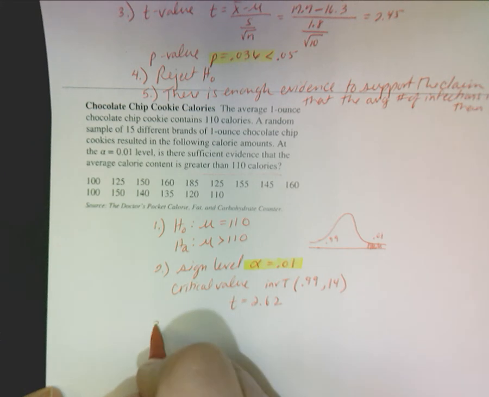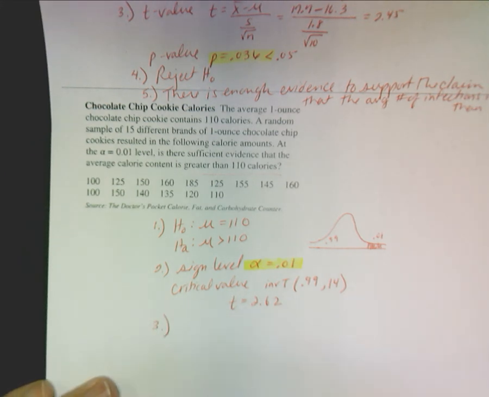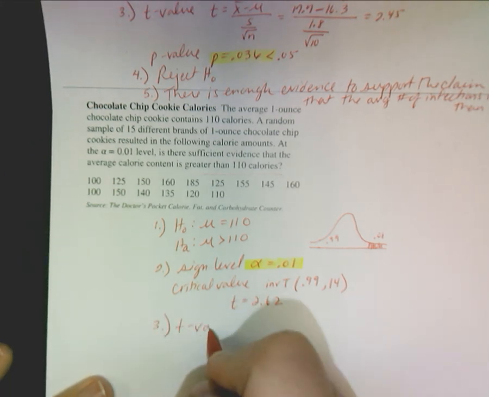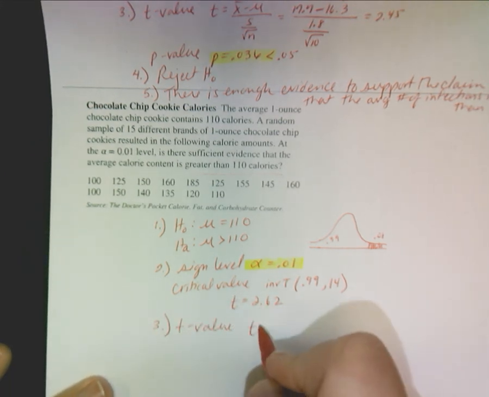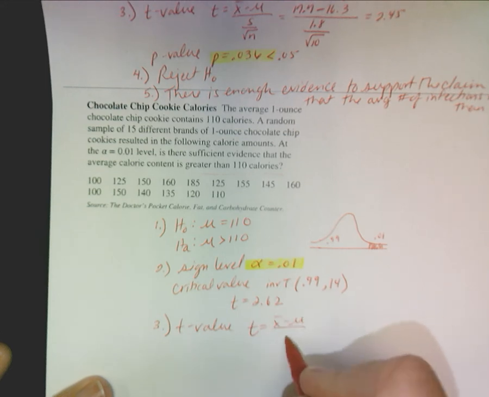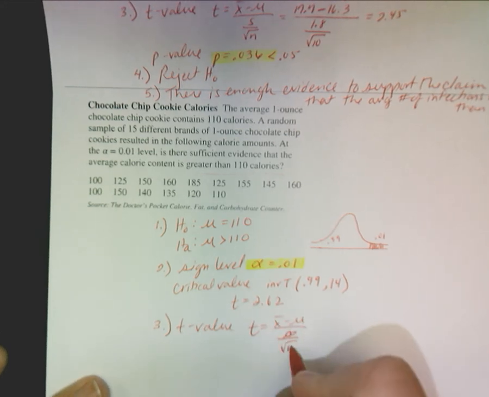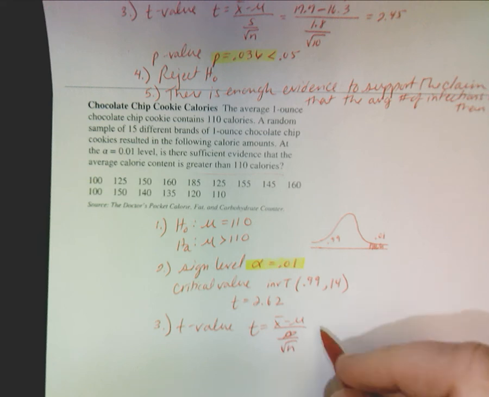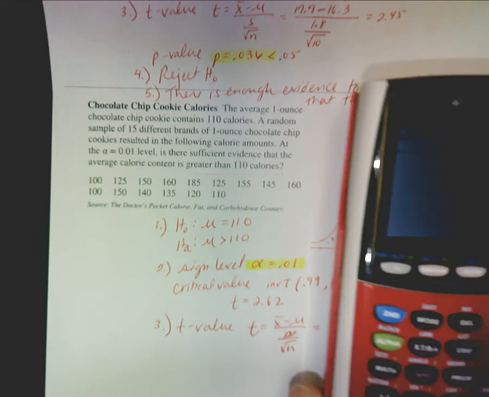Okay. Number 3. Now you create your t-value from your sample. t equals x bar minus mu over the standard deviation over square root n. So again, how do I get x bar? I've already put it in here in my list.